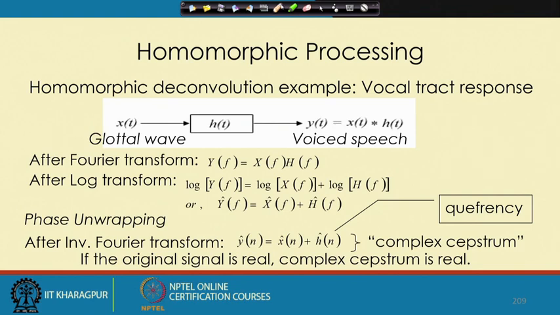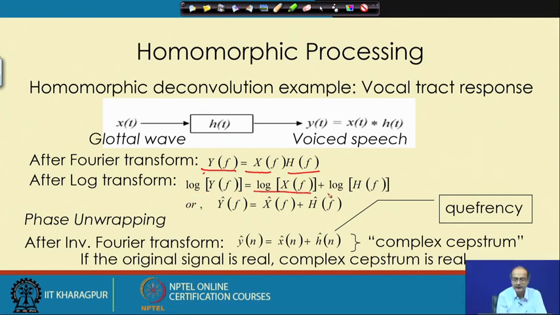Okay. So, such applications are there, where both the components are important, but in different cases. So, now let us see how we proceed in this particular case. So, first we take the Fourier transform and after the Fourier transform, the signal we get, the voice pitch of that Y f, we get the two components X f and H f, and once we take the complex log, we get the two parts separated, that log of X f and log of H f.